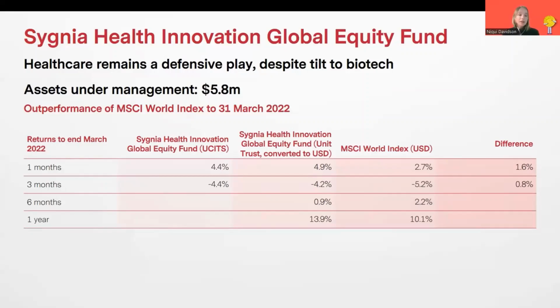And as you can see, both funds over the first quarter of 2022 outperformed the MSCI World, which is the benchmark. And again, over the 1 year time horizon, the South African fund outperformed the benchmark as well.